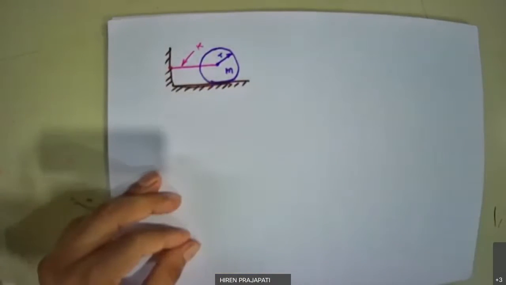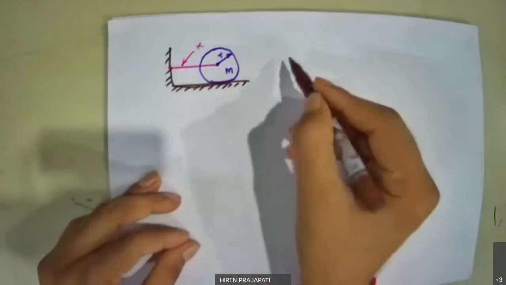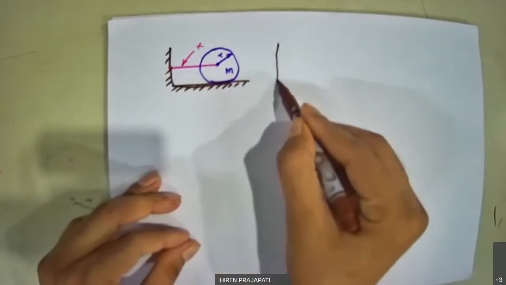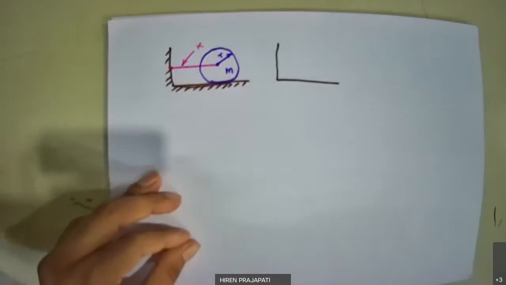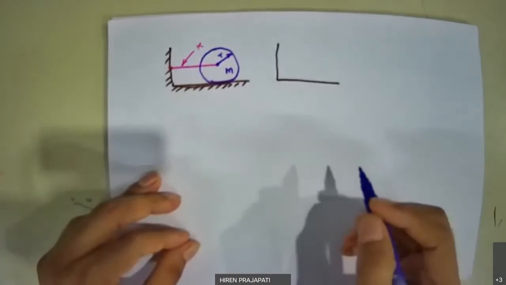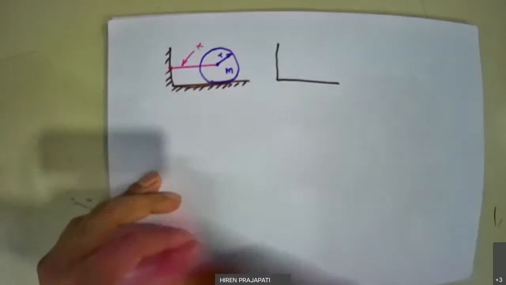Now if we draw a mathematical model of this, then as we know, for a restoring member we generally use a spring for indication.